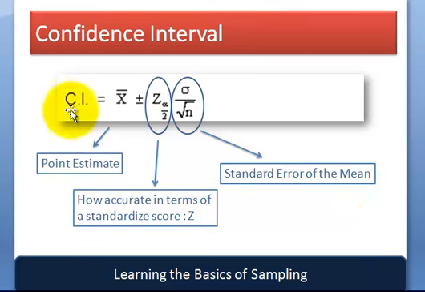But this equation you ought to have a degree of understanding on. Our confidence interval is our point estimate, our 53%, plus or minus, how accurate do we want to be? What is our confidence level? Times how much standard error, what is the standard error of the mean? So that's how the confidence interval works.